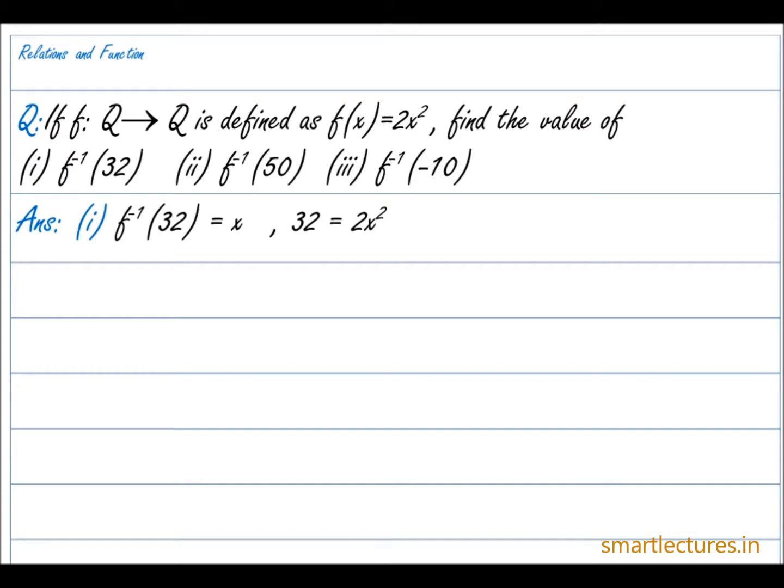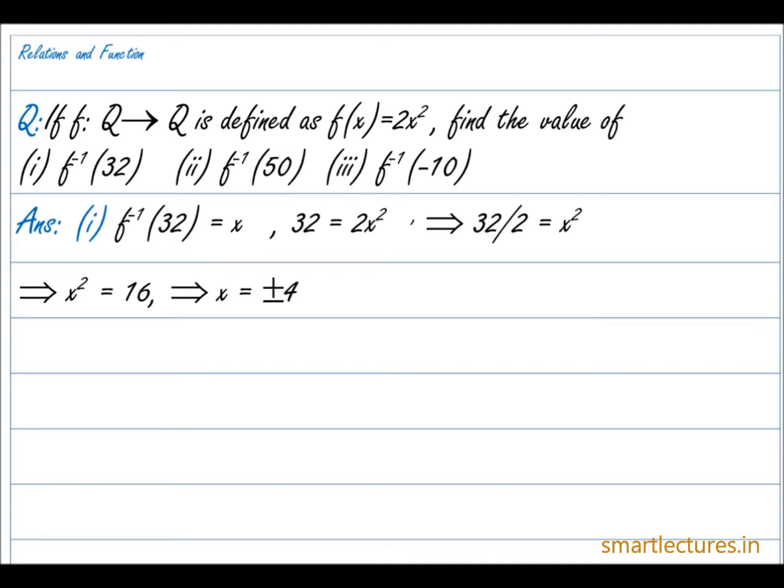Or that becomes x square is equal to 32 upon 2, or x square is equal to 16. Now if x square is equal to 16, then x is equal to plus minus 4. So f inverse 32 consists of two elements, -4 and 4.